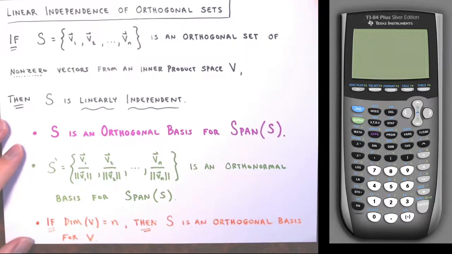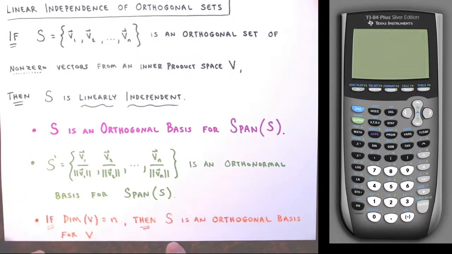And then a very, very nice result. We've seen this result before when talking about bases for other general vector spaces. If you have a set of vectors that's linearly independent, and the number of vectors in that set is the same as the dimension of the space, if it's a vector space whose dimension you already know, then you have a basis for that space.